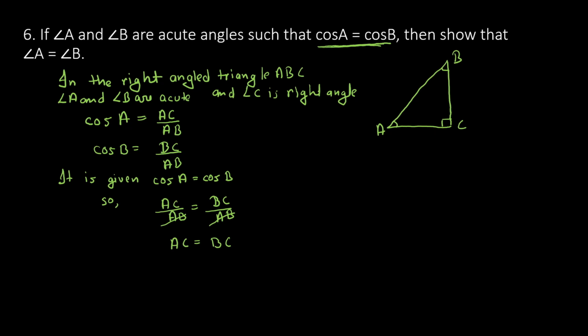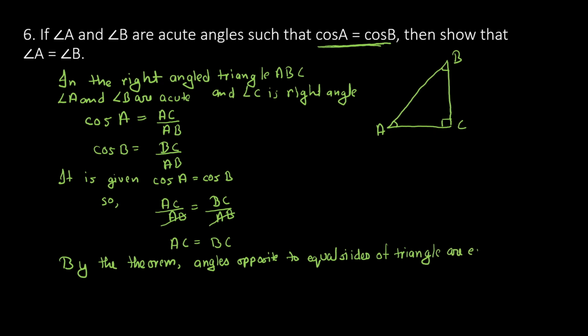If AC equal to BC, then we can say that the angles opposite to equal sides are equal, by the theorem: angles opposite to equal sides of a triangle are equal.